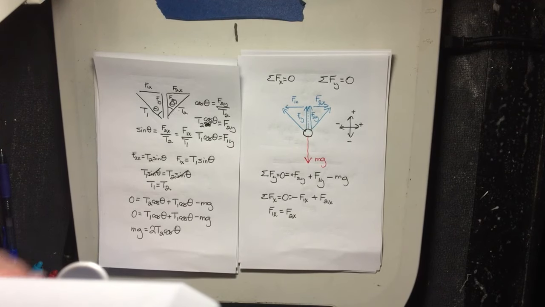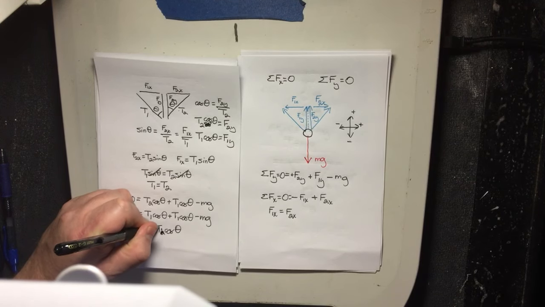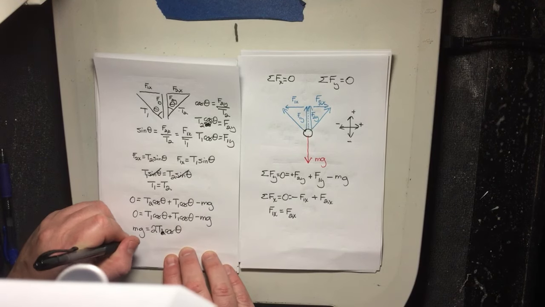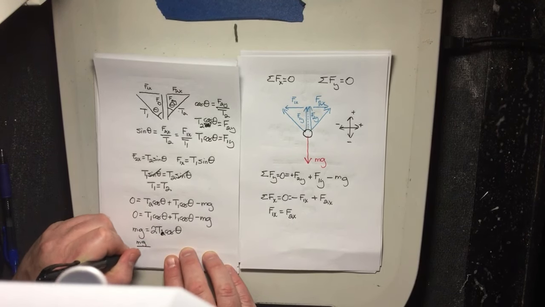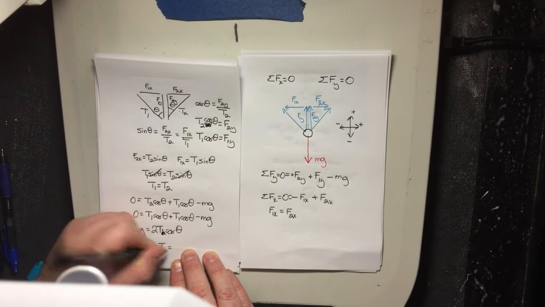I should be consistent with the substitution, so mg is equal to 2 T1 cosine theta. So mg over 2 cosine theta is equal to T1.